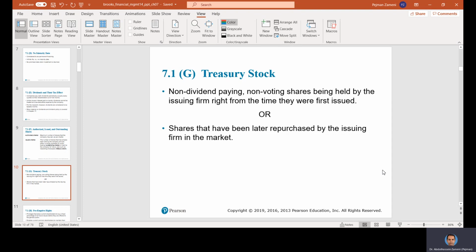What does repurchase mean? For example, a company says that the number of shares outstanding is too much, so they want to reduce the number of shares in the secondary market. They buy back or repurchase their shares. When they repurchase their shares, that share is considered treasury stock.